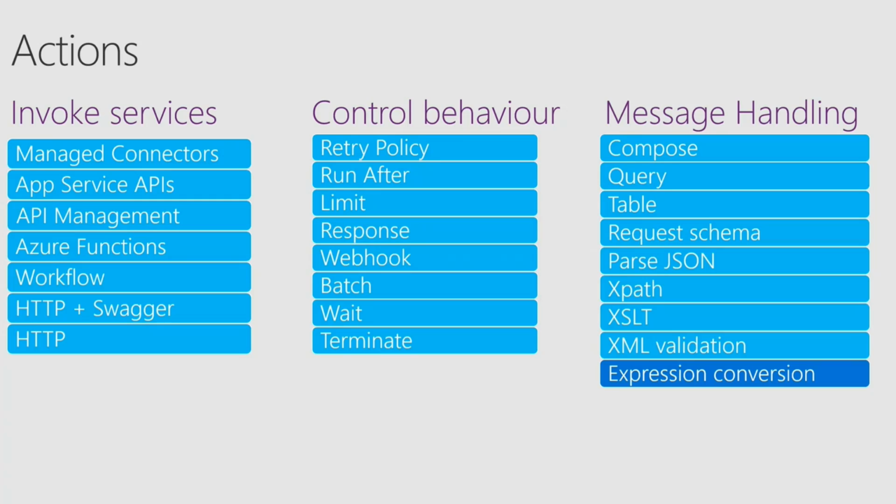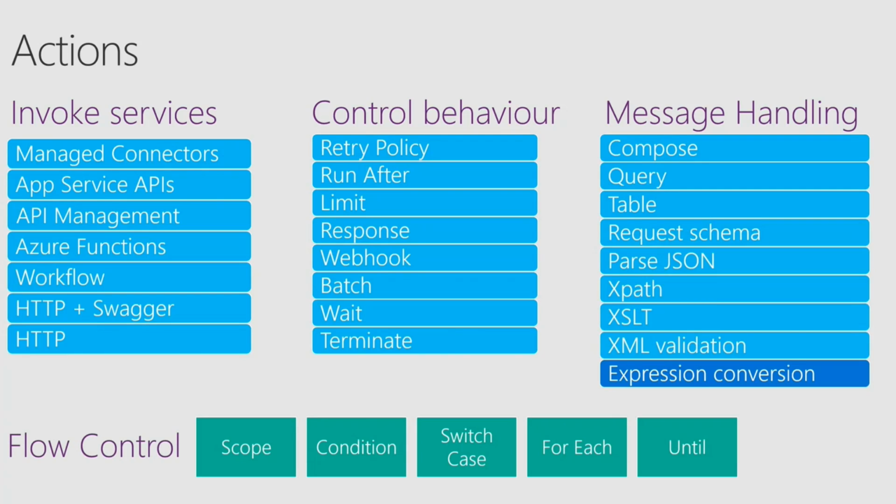You can do parse JSON. You could run it through Compose, which will grab your JSON schema. And then you can parse the JSON out. You can do HTTP table creation to put it in, say, an email, etc. XML, validation and such.